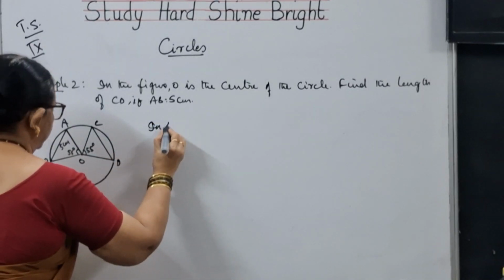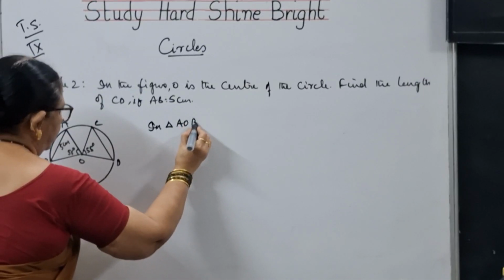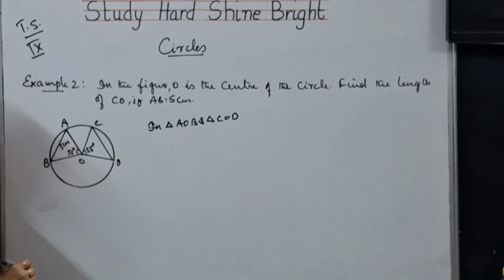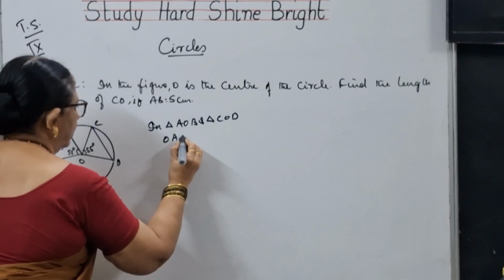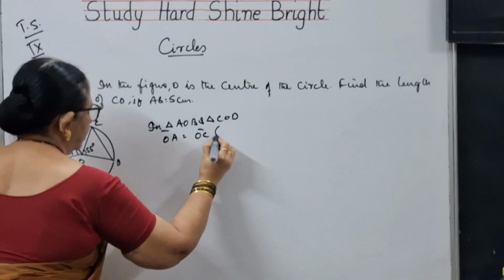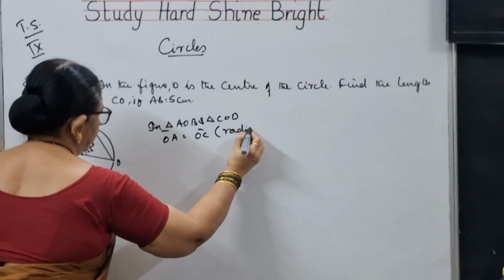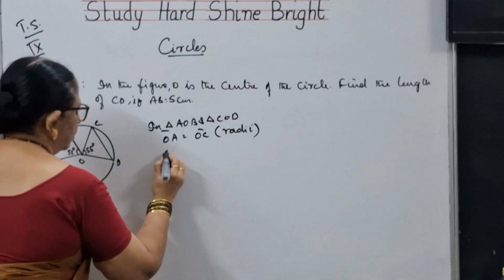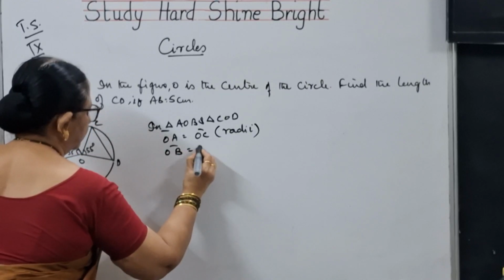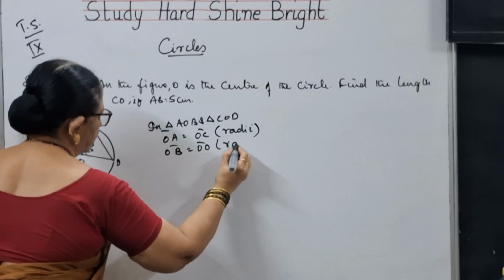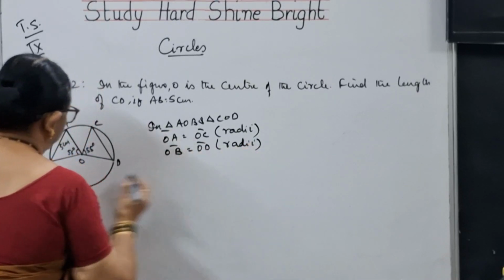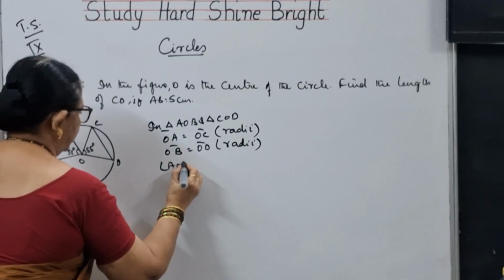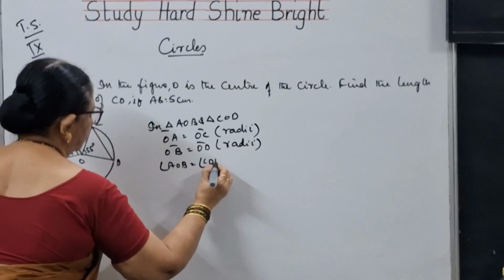In triangle AOB and triangle COD, two triangles, OA is equal to OC. They are radii. OB is equal to OD. These are also radii. And angle AOB is equal to angle COD.